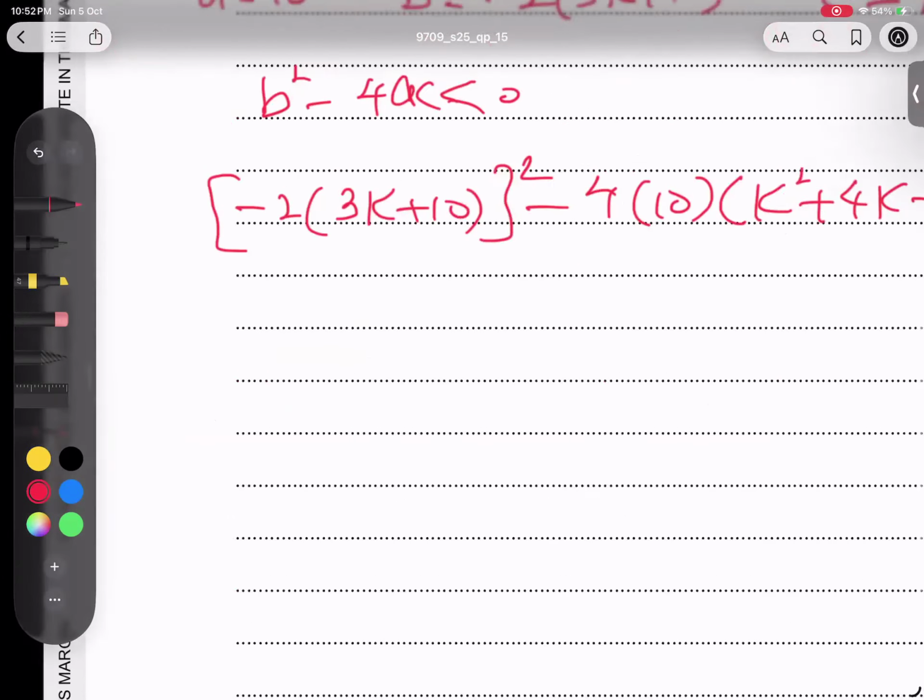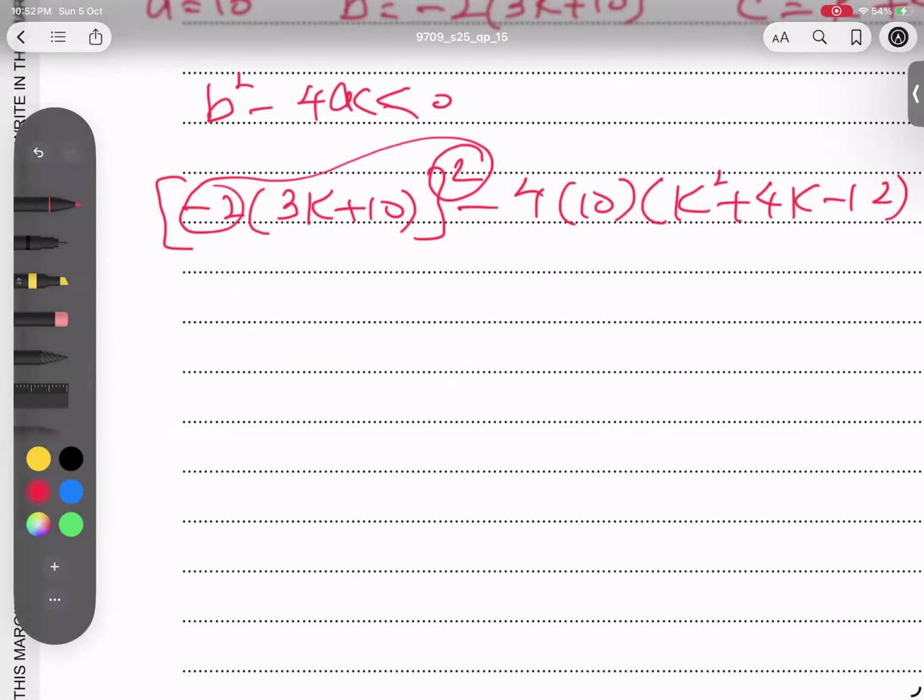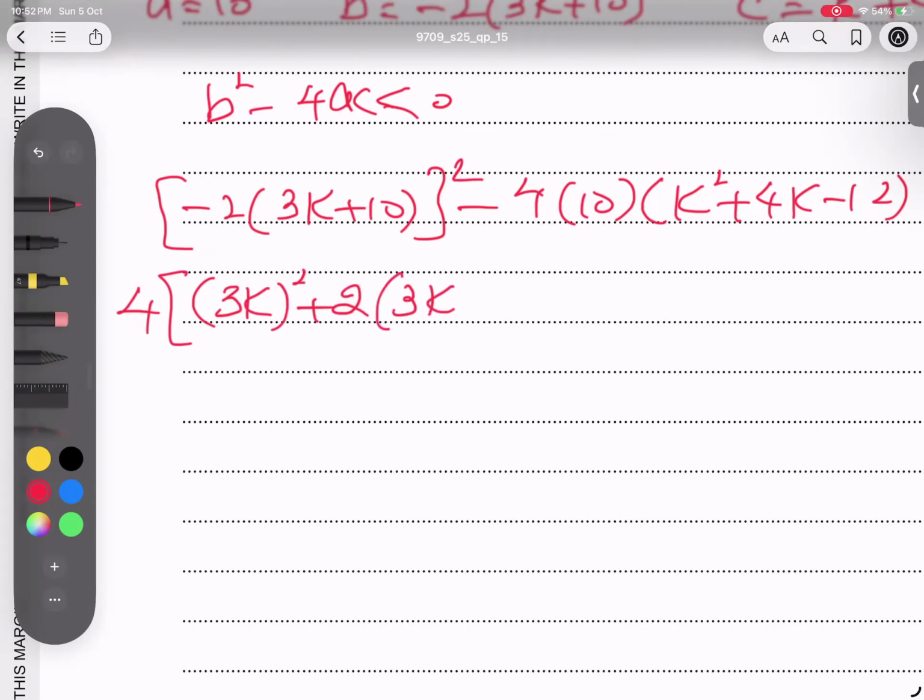Here again I have to use the squaring identity, but make sure this is giving 4 outside. Now I'm applying the squaring identity inside: first term squared, plus 2 times first term times second term, plus second term squared. This is done.